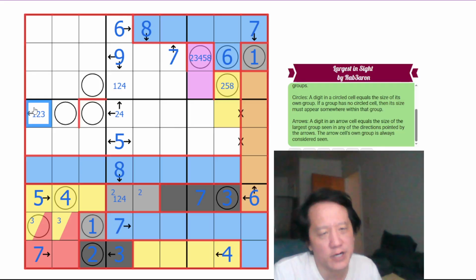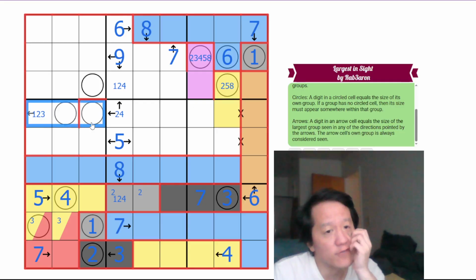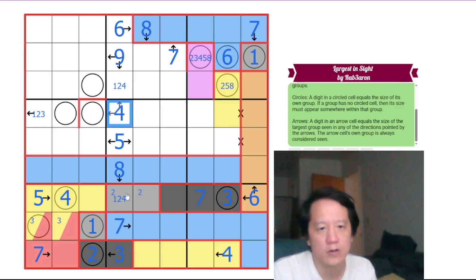That would be 1. But these can never be size 2 by themselves because this would be matching that cell. This would be size 1. Yeah, so this can't be 2, it's 4. That means this is 4, that's 4.